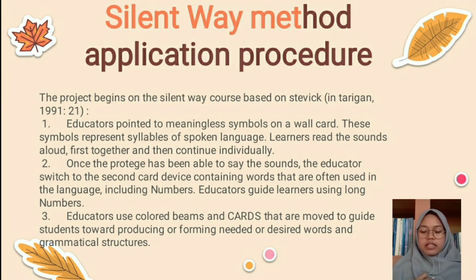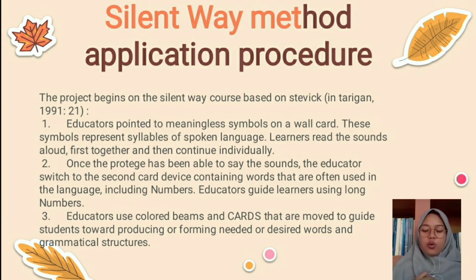The next slide talks about the Silent Way method application procedure. The procedure begins with a Silent Way course based on Stevick and Terrigan 1991. First, educators point to meaningless symbols on a wall card. The symbols represent the syllables of the spoken language. Learners read the sound aloud, first together and then individually.